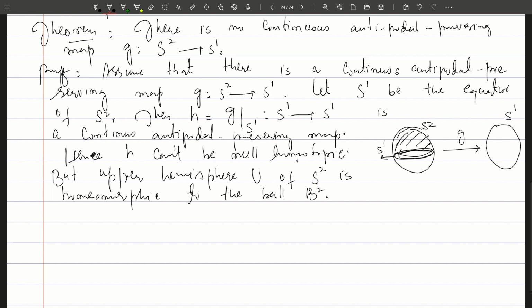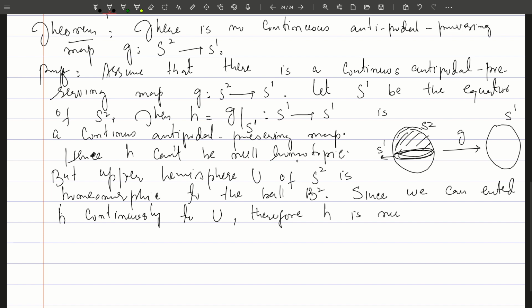Now one can note here we can extend H continuously to U. Therefore, H is null homotopic.